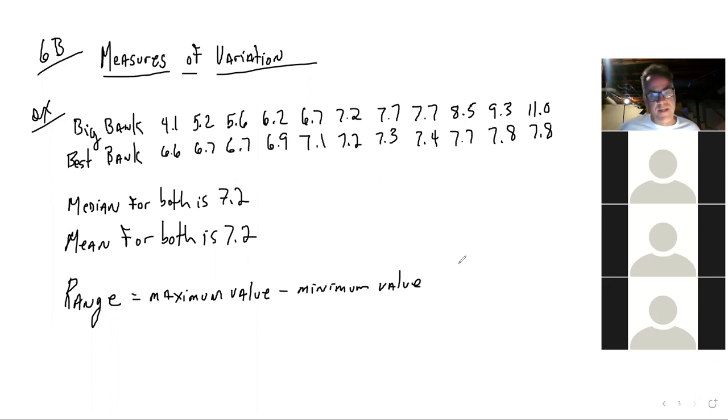And for this one, it gives you a good idea that there is a lot more variation in the two banks. The range of Big Bank in this case would be 11 minutes minus the 4.1 minutes, which is 6.9 minutes.